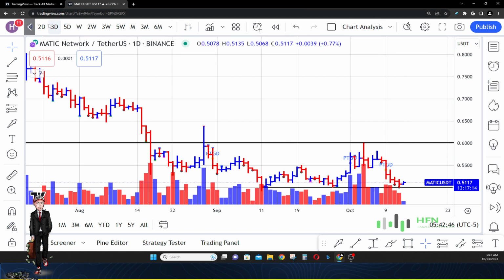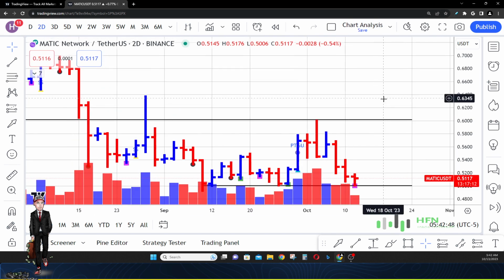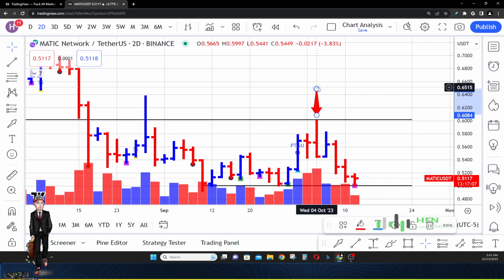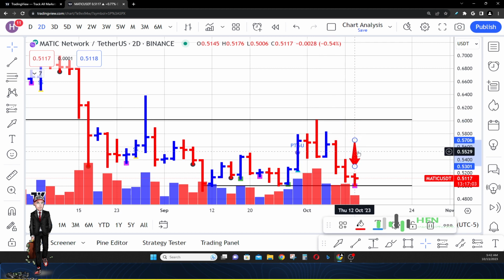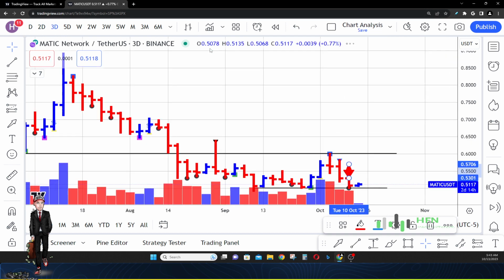So let's go ahead and look at this on a different time frame. Here it is on the 2-day chart, and you can see how price in Polygon definitely is getting hit with a lot of weakness. Ever since this 2-day price bar, the market in Polygon hasn't really seen any indication that the bulls are trying to make a comeback, because they're not there. Here it is on the 3-day time frame as well.